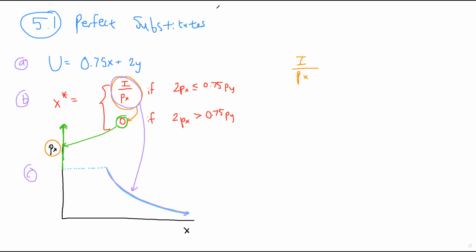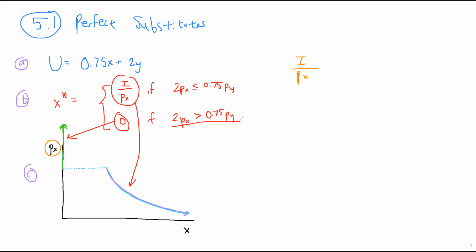So let me erase a few things. Got too many pieces here. Long story short, this guy goes to this guy, and this guy goes to this guy.